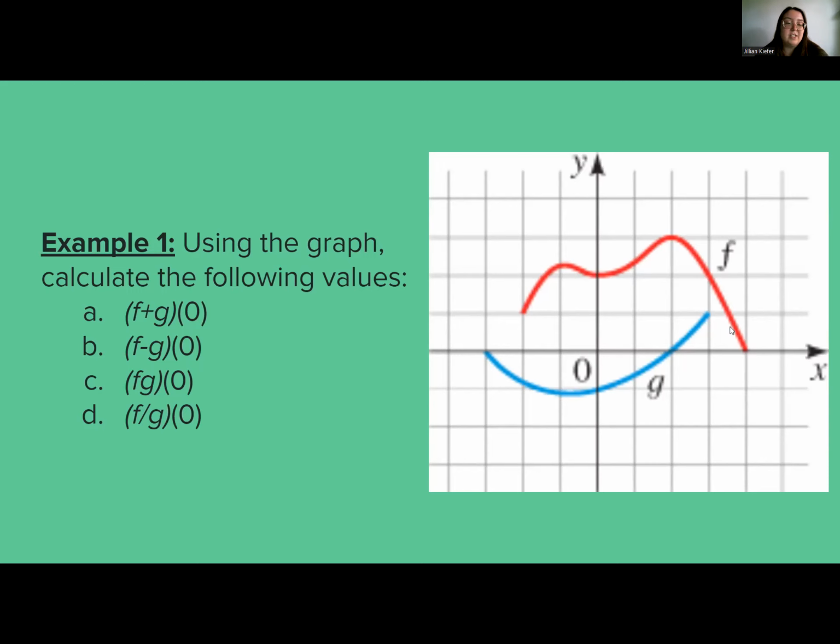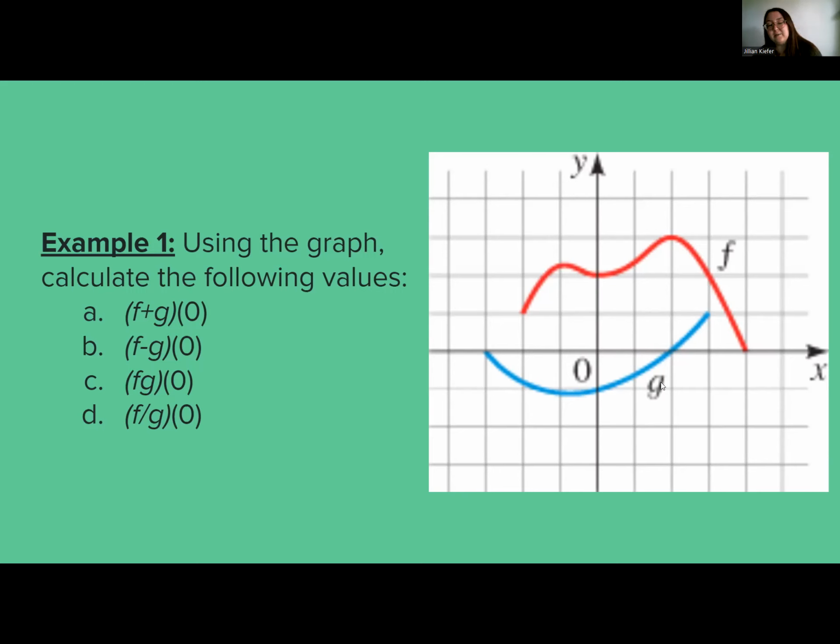So if we want to know what is our function value when x is 0, starting with f, we find x equals 0, which is at the origin here on our coordinate plane, and its value for f is 2. That is the y value when x is 0. So our function f of 0 is equal to 2. Then for g, same thing, we're going to find x equals 0 and find the y value, which in our case is -1. So g of 0 is equal to -1.